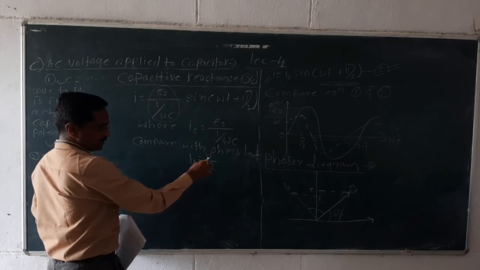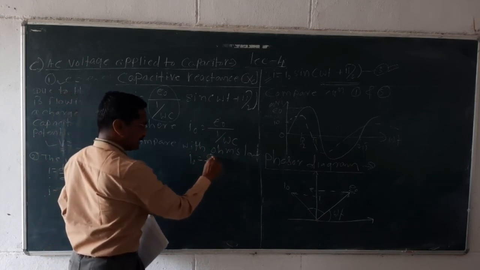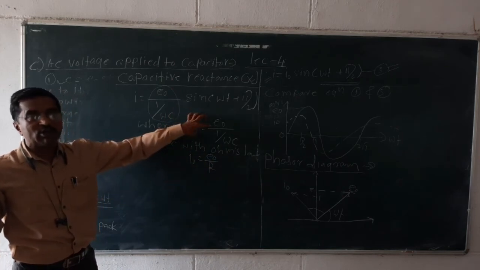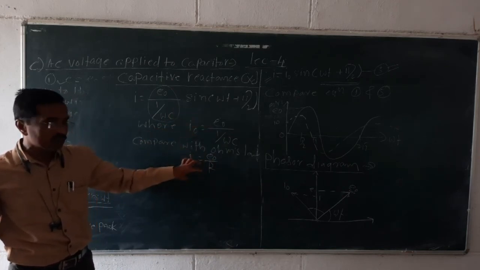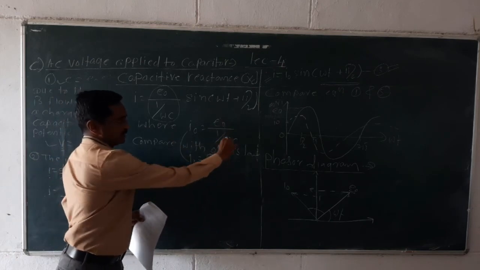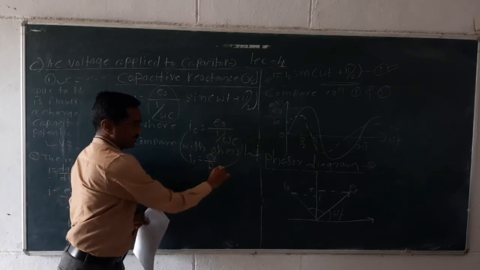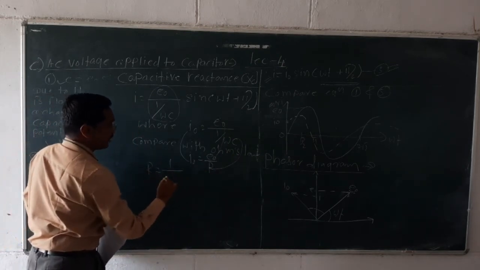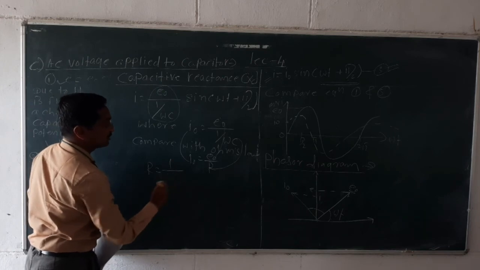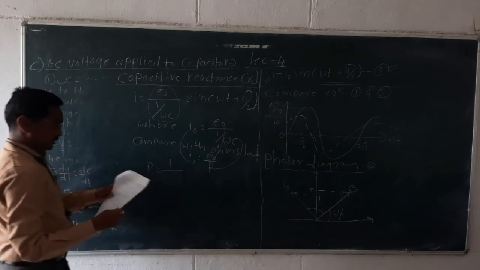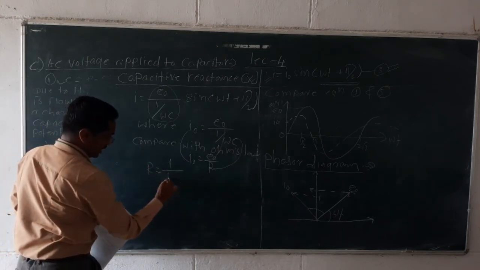So I0 is equal to, you can also write here, that is E0, potential upon resistance. If you compare the equation of current in the capacitor with the Ohm's law, this equal to this, and 1 upon omega C, that is equal to R. So by comparing, we get R is equal to 1 upon omega C.